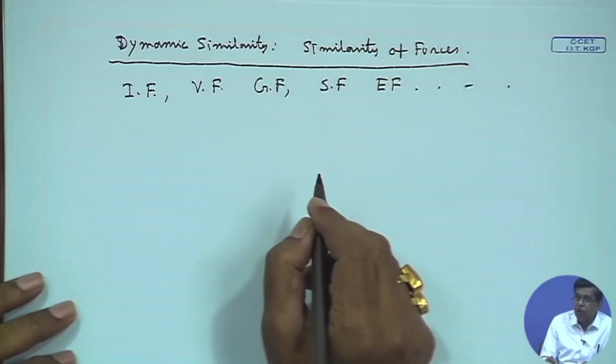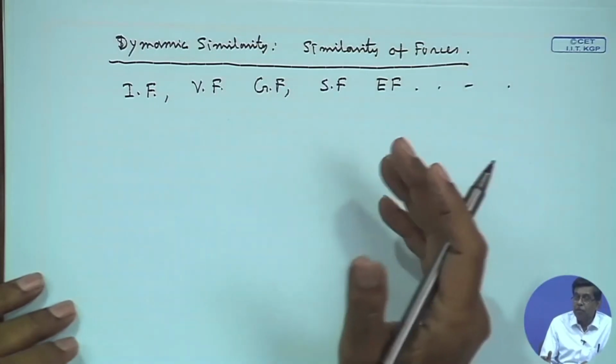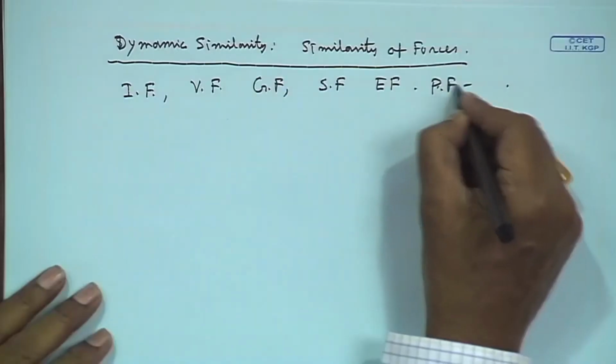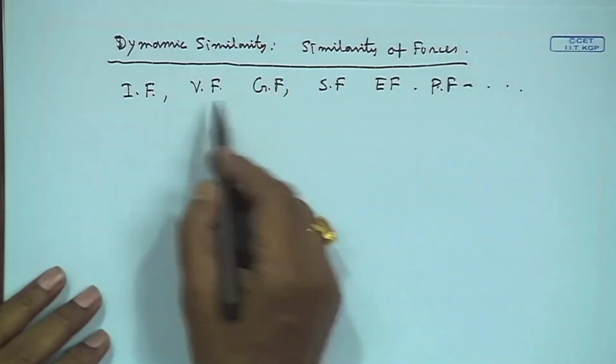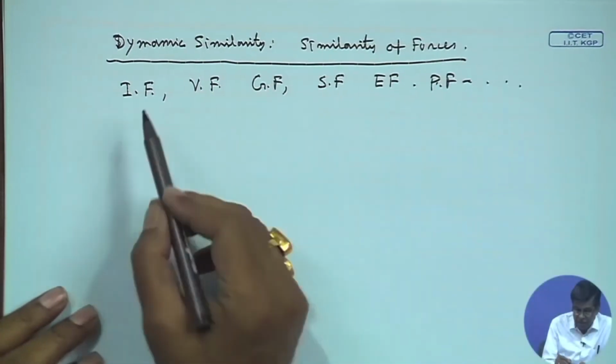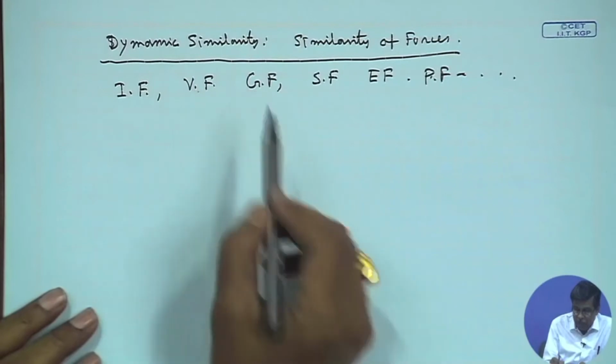A particular problem or process may not be governed by all the forces. Some processes may be governed by inertia force, viscous force, pressure force. Some may be governed by inertia force, gravity force. Some may be governed by inertia force, viscous force, gravity force.